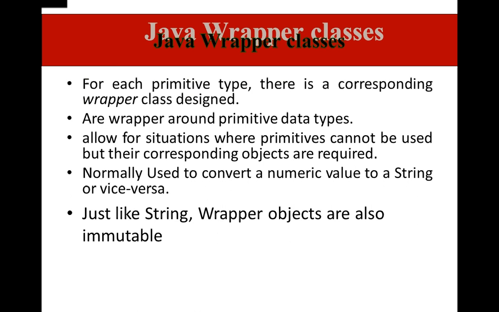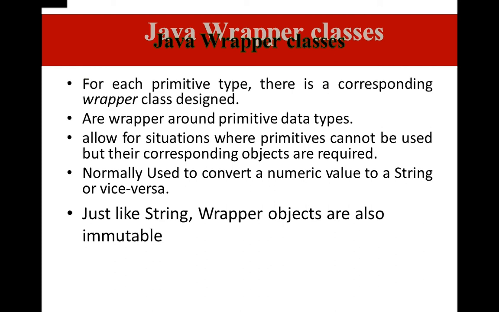Just like String, wrapper objects are immutable, meaning that once the object is created, it cannot be changed. When you change it, that object vanishes and a new object is placed instead of the old one. A new object is initialized whenever you change the value in that object.